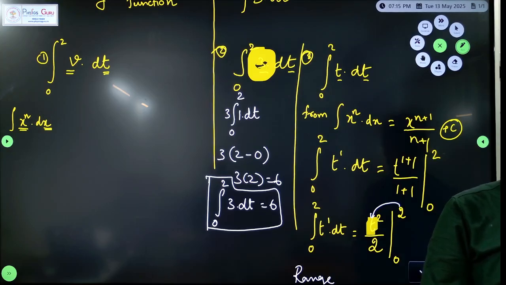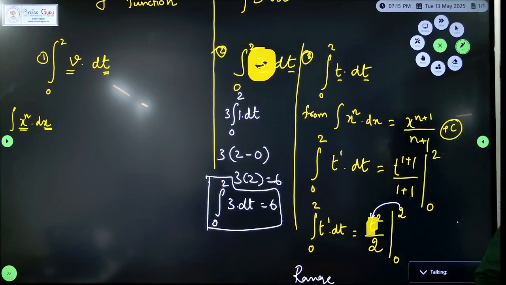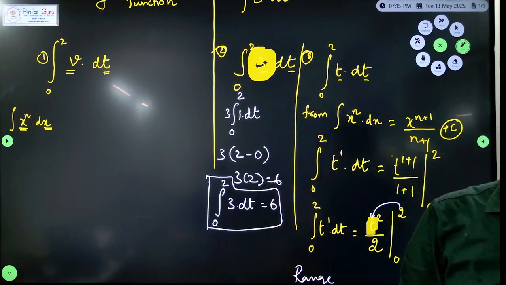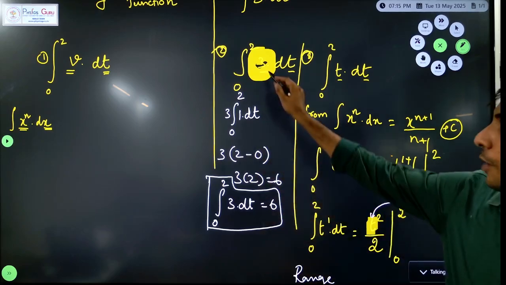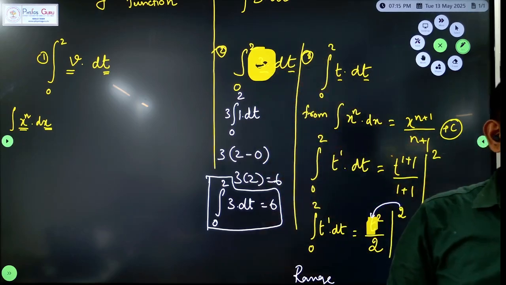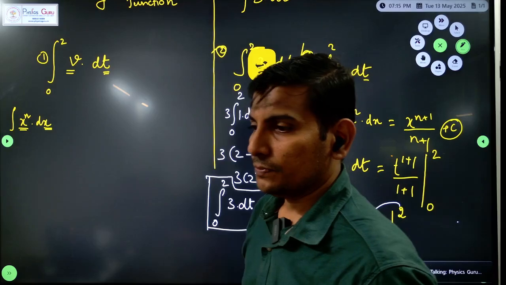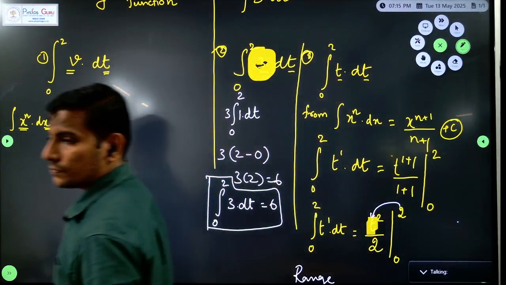Suppose the argument and function are not the same but the argument is a constant, keep it outside. Just directly find the range. Got it?